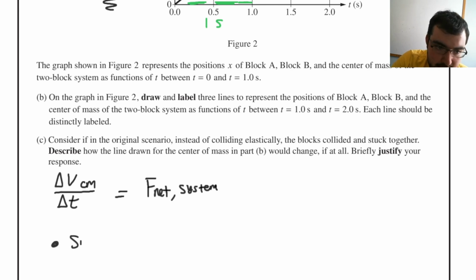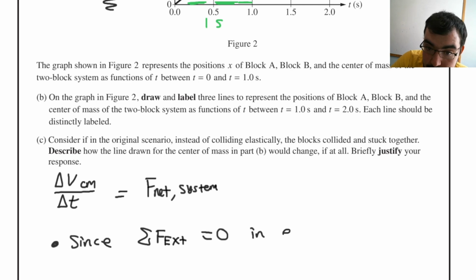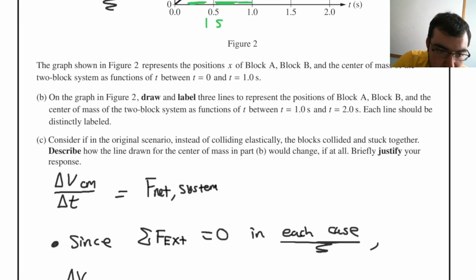So since the sum of the external forces acting on the system is 0 in each case, delta VCM equals 0 each time.